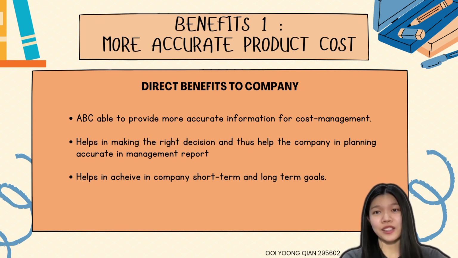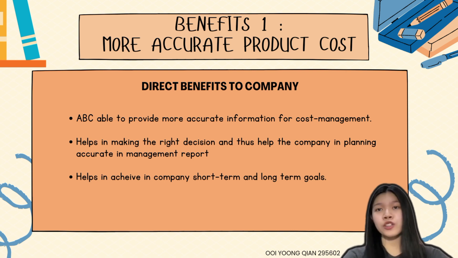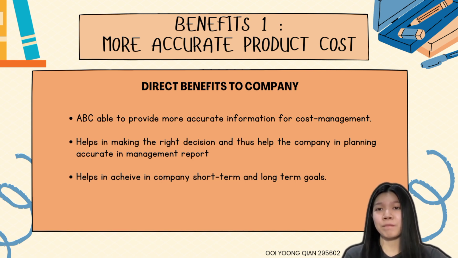As we discussed just now, the ABC costing system is able to provide more accurate information for cost allocation, and it may provide the accurate amount for cost management too, and thus it will help in making the right decisions for the company, such as acquiring more bonds or more short-term finance or buying short-term assets, and it may help in planning the management report. For instance, it may achieve the company's short-term goals and long-term goals.